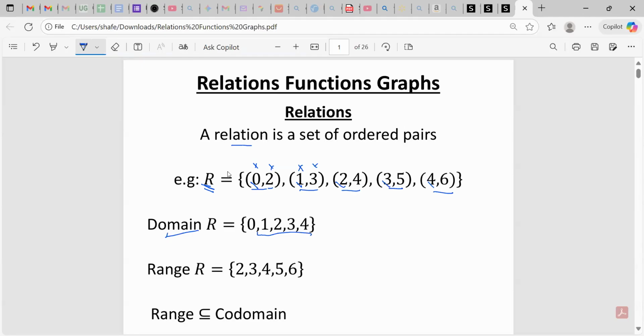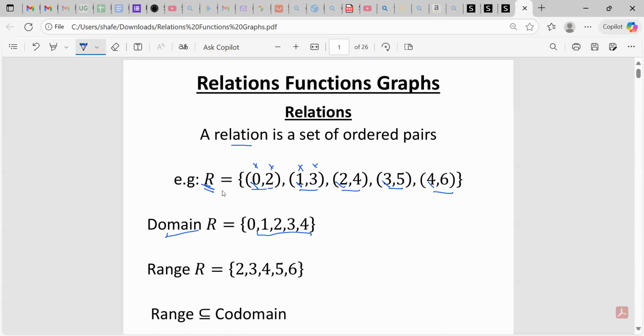I just use R because I think of relation starting with R. But you don't have to use that. You can use all kinds of letters, especially when you're dealing with several relations. You have to find a different letter every time, you can't call them all R, right?